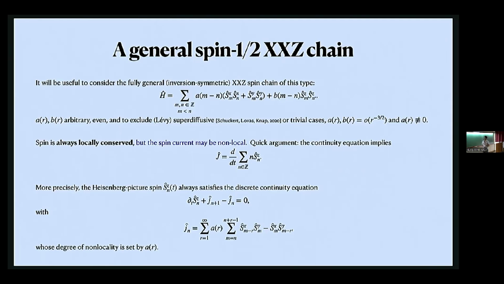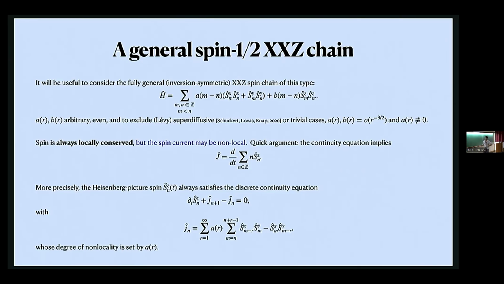And importantly, also related to discussions that arose yesterday, the spin is always locally conserved, even if I have really long-range interactions, but the spin current may be non-local. And so a really quick argument says, okay, we know it's globally conserved by Noether's theorem, we expect a local conservation law, and then this sum rule over here will tell us what J is.